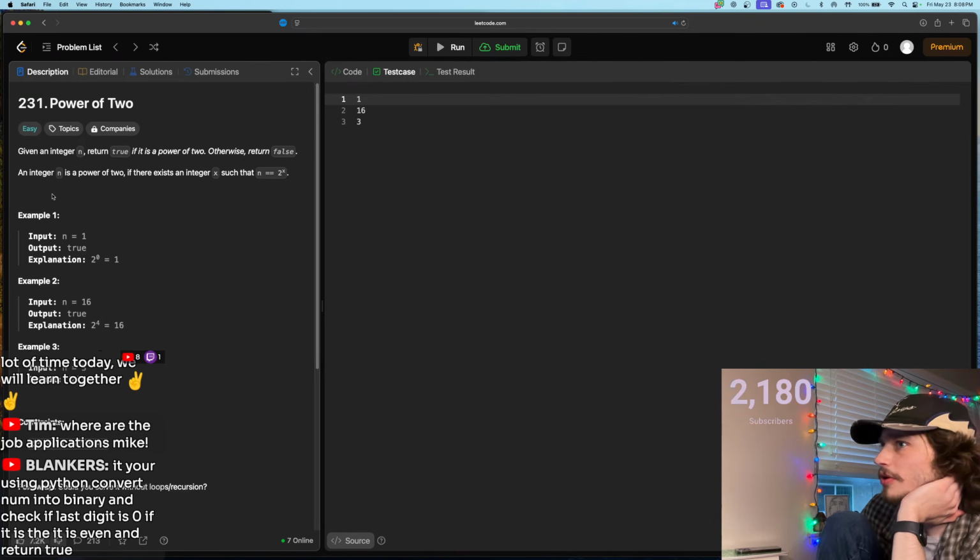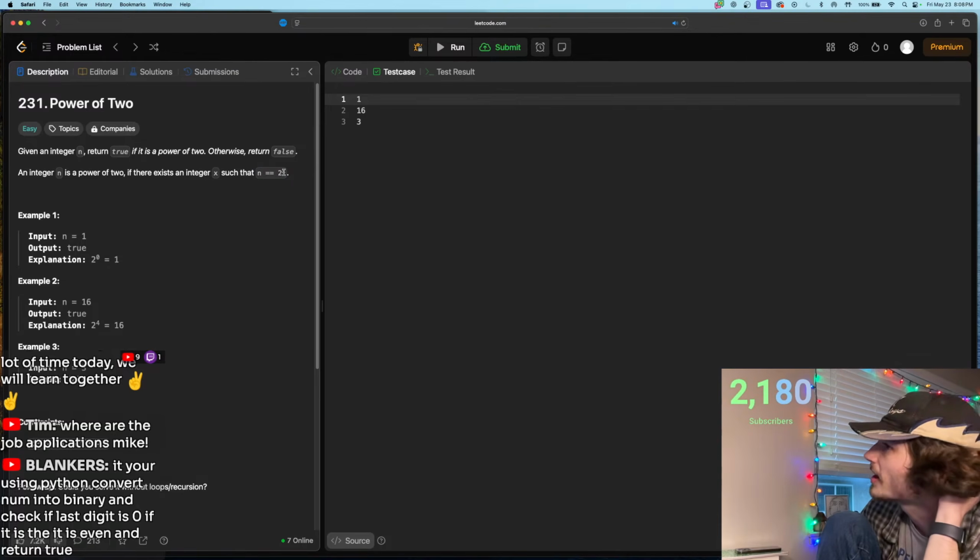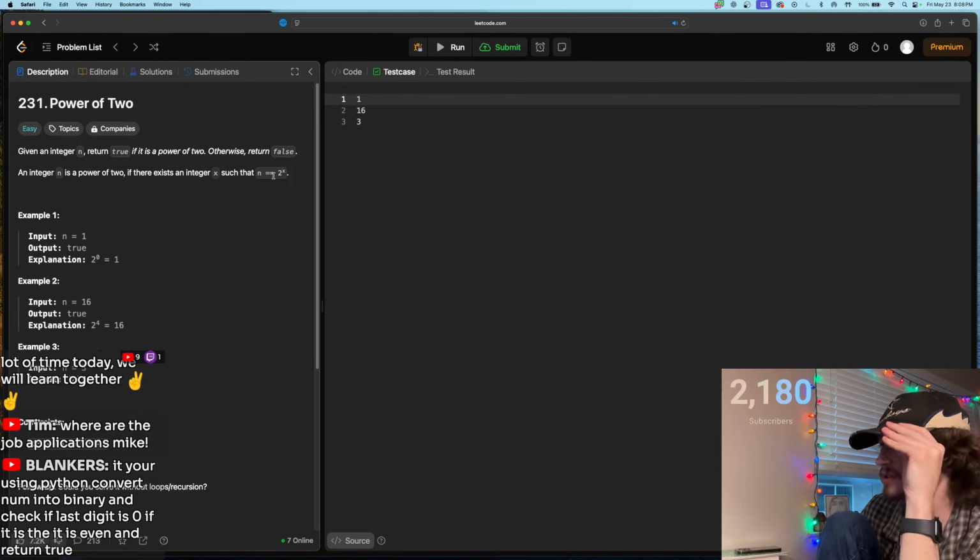Okay, so given an integer n is a power of 2 if there exists an integer x such that n is equal to 2 to the power of x, meaning that there is a value of x. So obviously, we're trying to solve for x and see if there is a value of x.